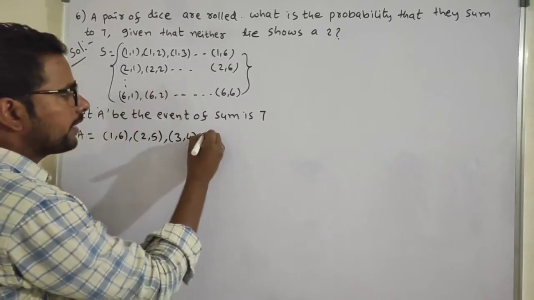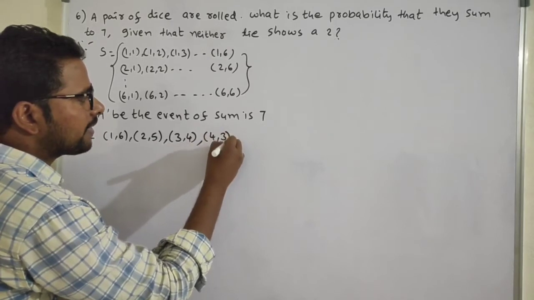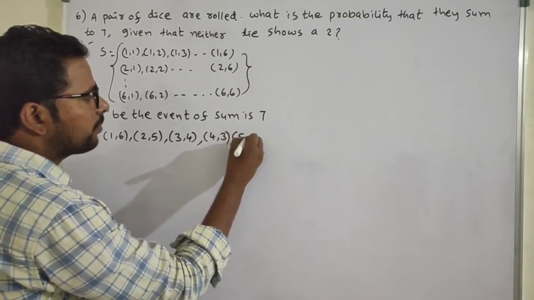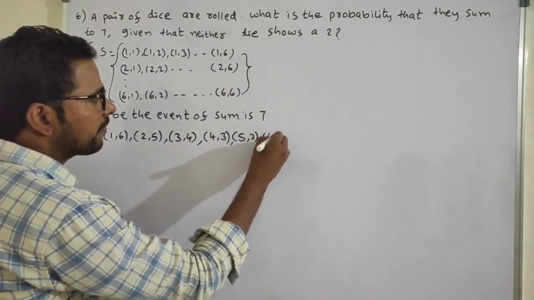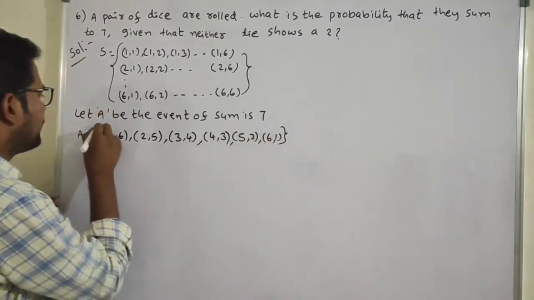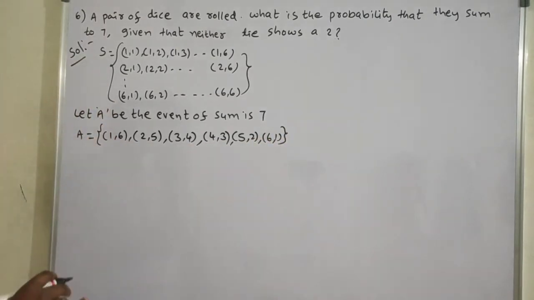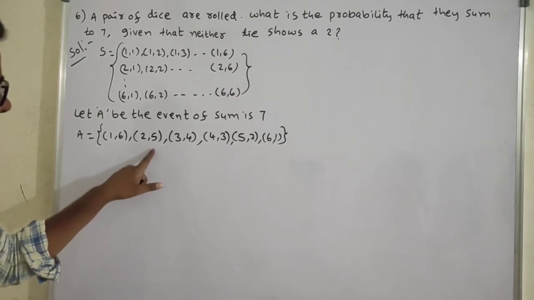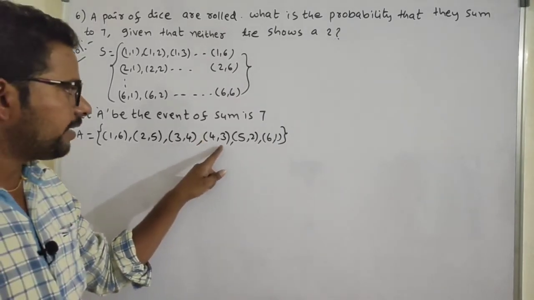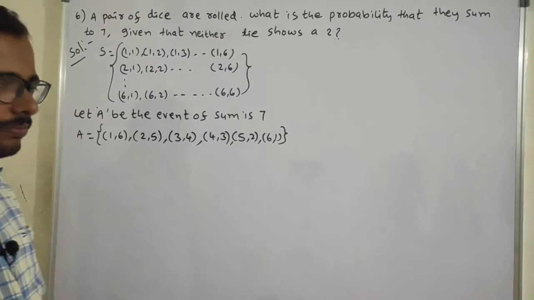From 4: 4 plus 3 equals 7. From 5: 5 plus 2. From 6: 6 plus 1 equals 7. Now A equals (1,6), (2,5), (3,4), (4,3), (5,2), (6,1).